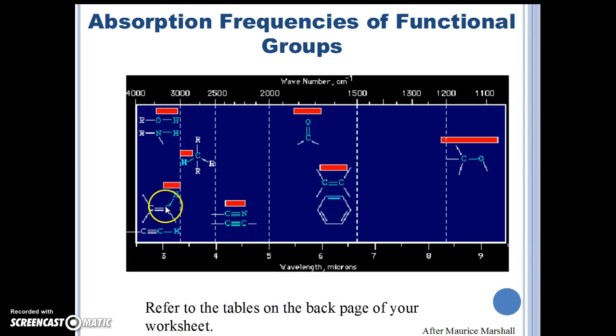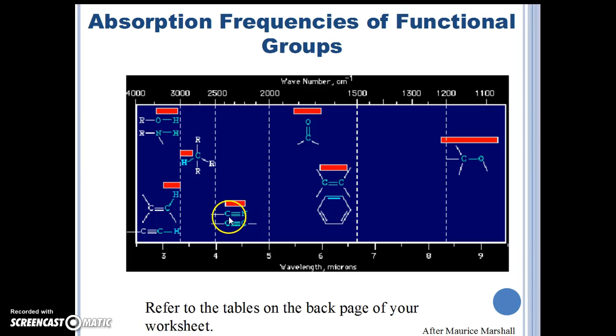And you're going to see similar things for the single bond between the carbon and hydrogen in an alkene. A little bit shorter wave number, lower wave number here, is attributed to a carbon-hydrogen bond when you have three different functional groups attached to the carbon in a tetrahedral configuration.